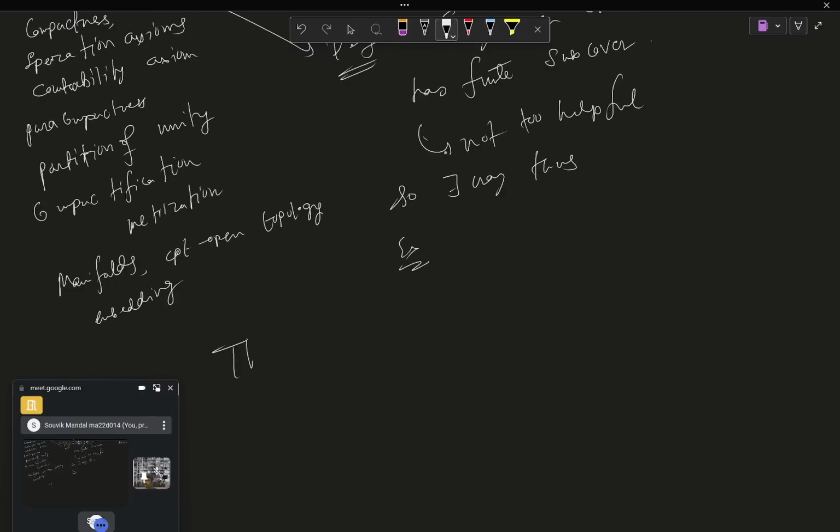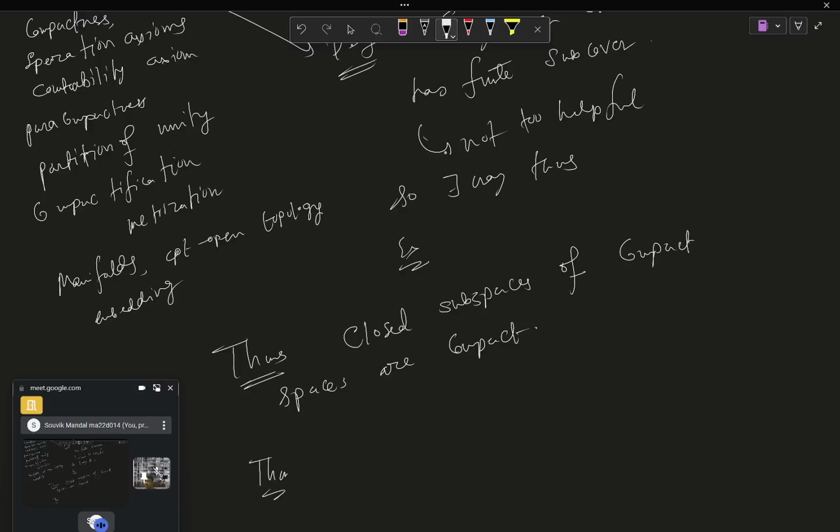Closed subspaces of compact spaces are compact. This type of theorem is quite useful, namely: a compact subspace of a Hausdorff space is closed. Remember, here compactness is necessary.